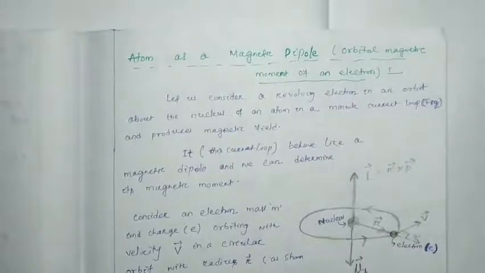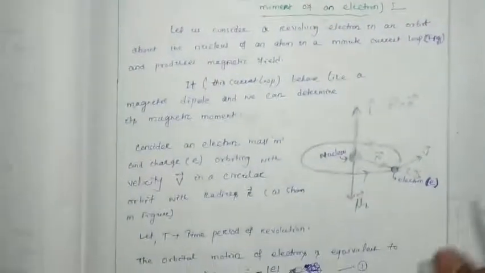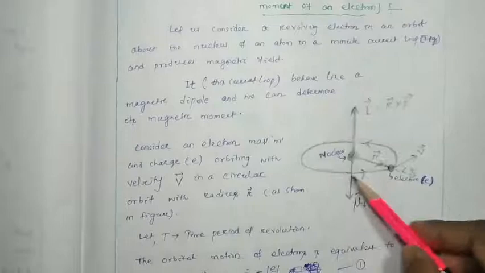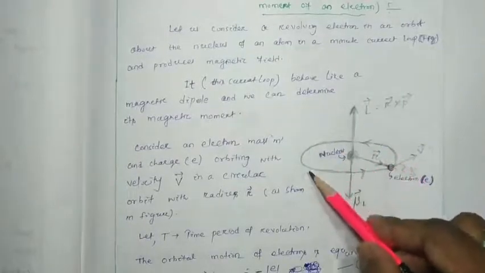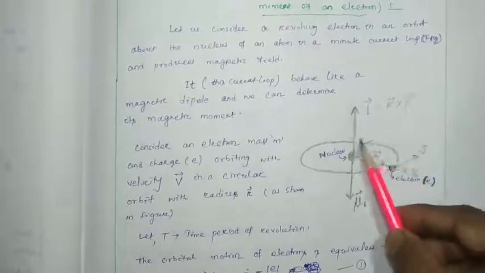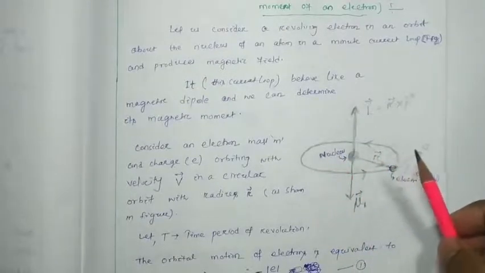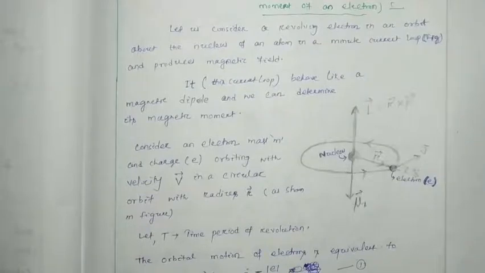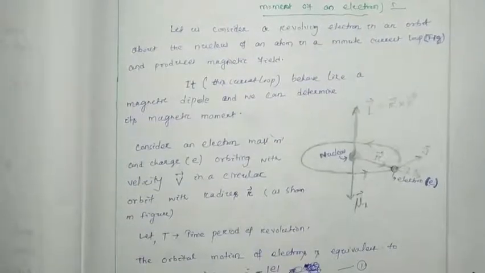When one electron revolves around the nucleus, it acts as a current loop, and due to this current loop we can find the magnetic moment.